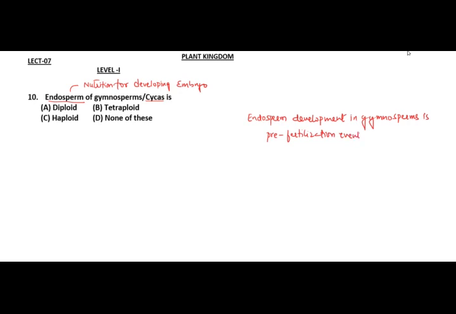It means it takes place before fertilization. So this endosperm is not at all fertilized. Usually the cell which develops this endosperm will be haploid. So the haploid cell will develop into endosperm. Hence in case of gymnosperms, the endosperm will be haploid. So endosperm of gymnosperms or cycas is haploid. That is option C, the right answer.